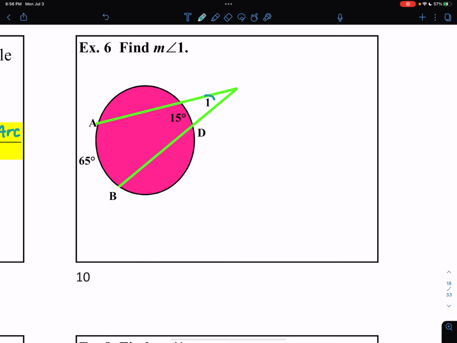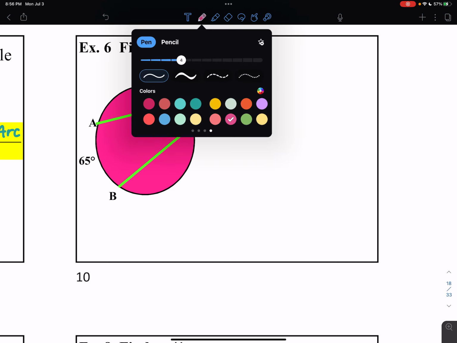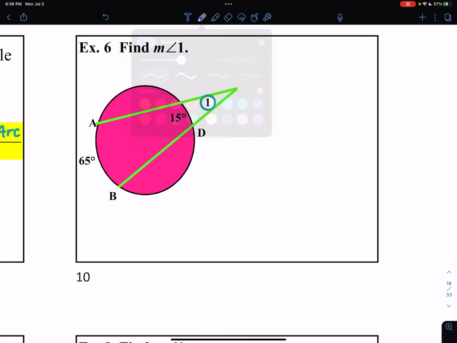We're looking for the measure of angle 1. 65 is our large arc. 15 is our small arc. And angle 1 is our angle.